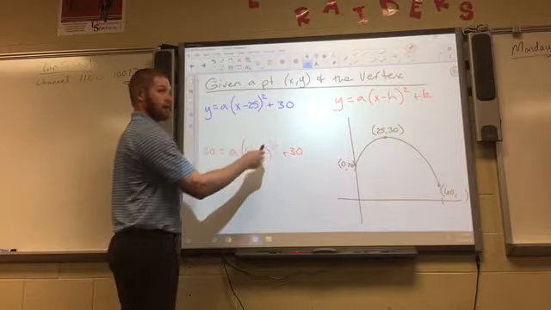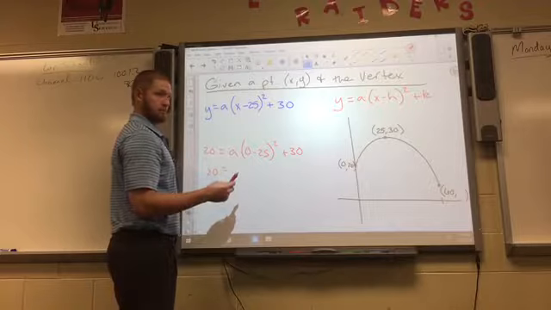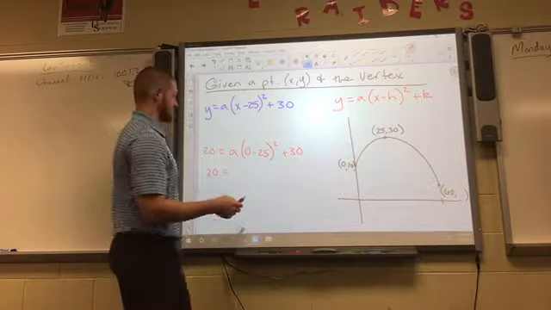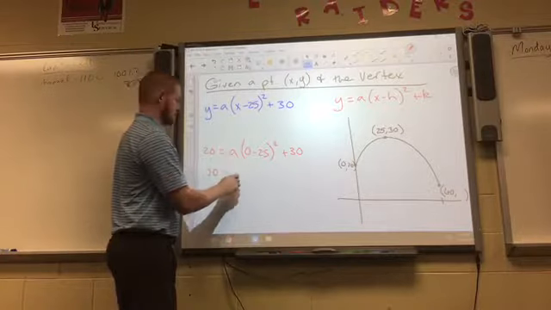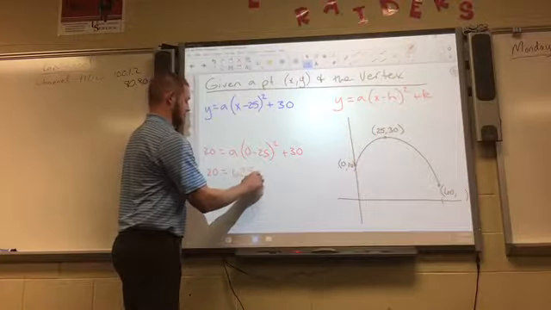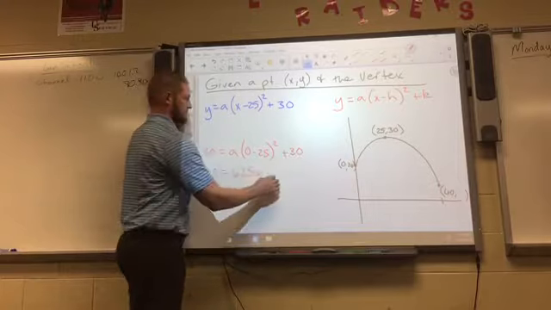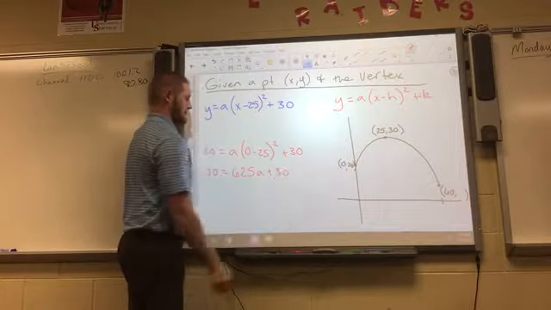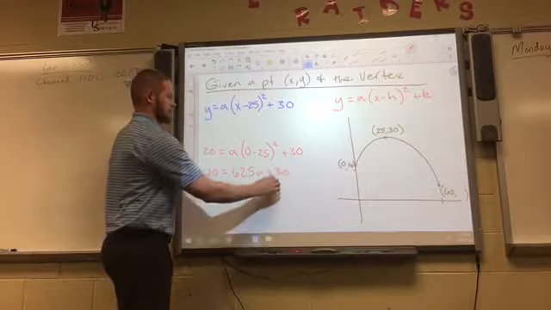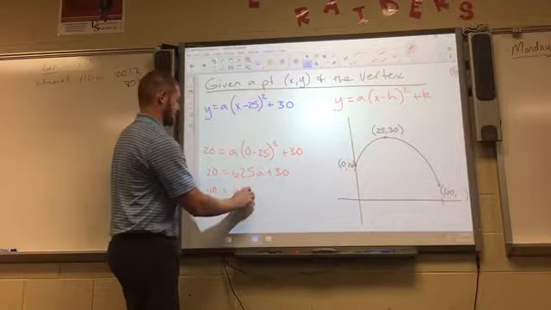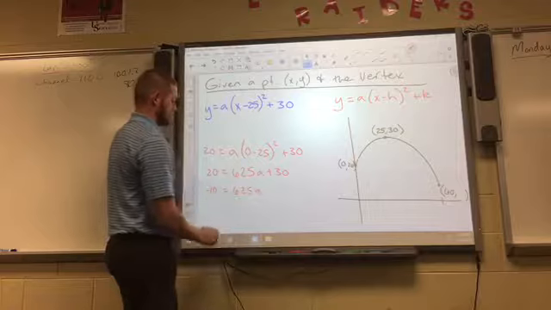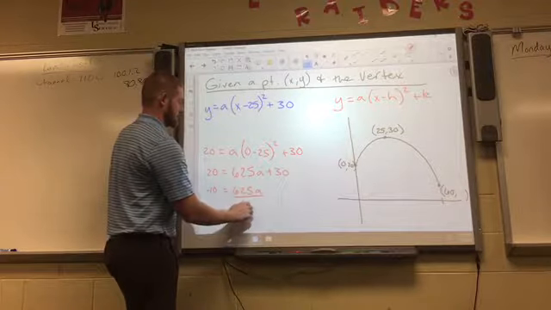Negative 25, squared is positive 625, times a. So you have 625a, and then plus 30. So I subtract 30, I get negative 10 equals 625a. Divide by 625.